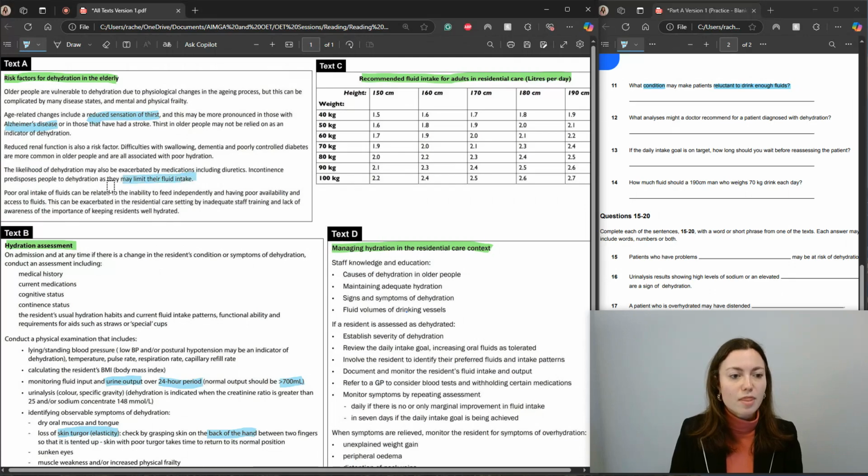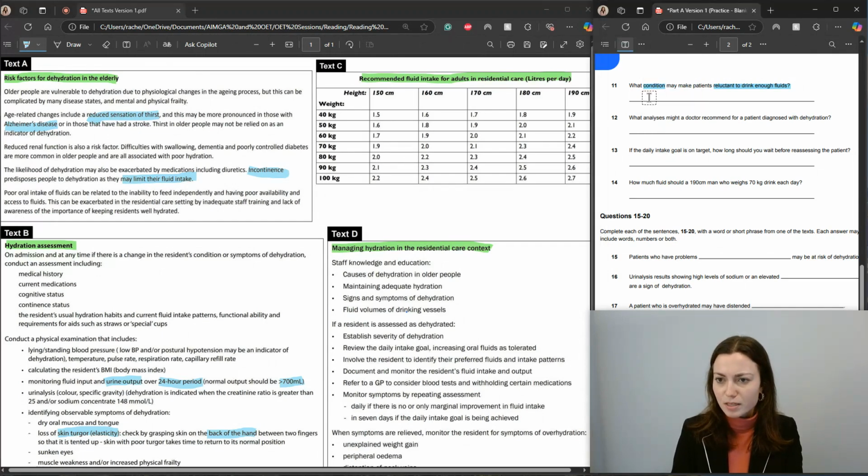Aha! That's a great paraphrase of that idea of being reluctant to drink enough fluids, the actual action of limiting it themselves. So that tells me, of all the conditions listed, incontinence, again, may make or predisposes people to. We want to see how the language is reflected in that.